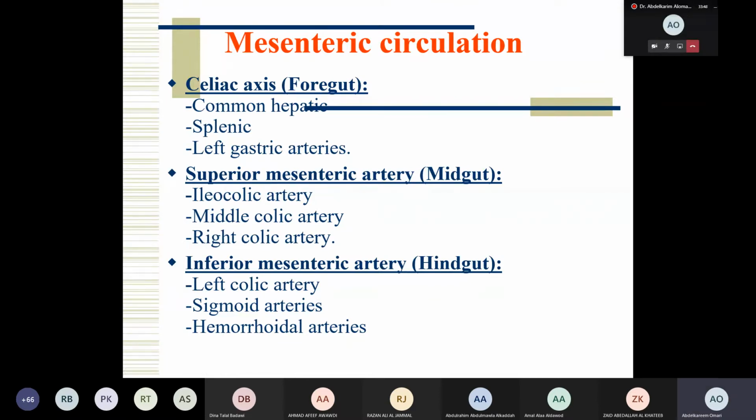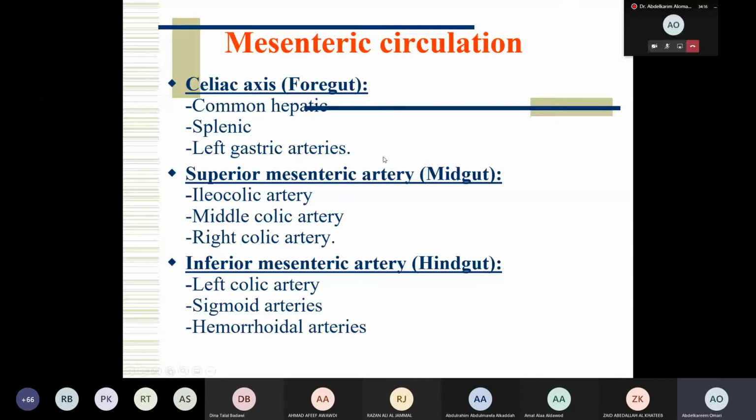The esophageal veins are not portal, they are systemic circulation. Systemic differs from portal, and here we are talking about the portal circulation inside. So the left gastric with the esophageal is one of the defects that will cause the esophageal varices. However, we are not going to talk about the celiac axis.